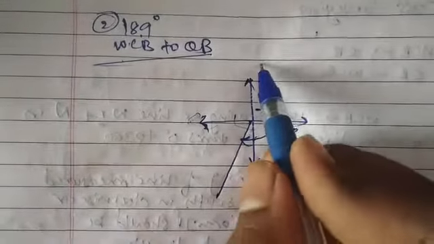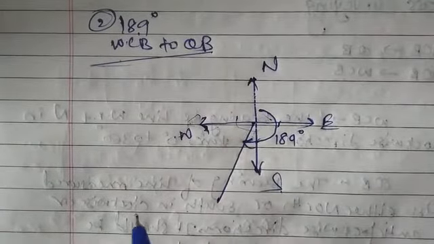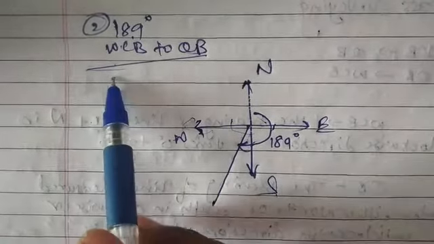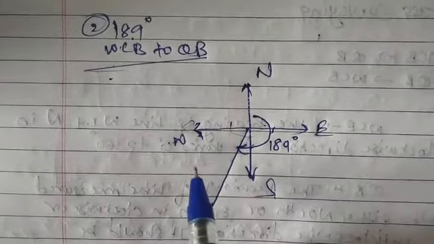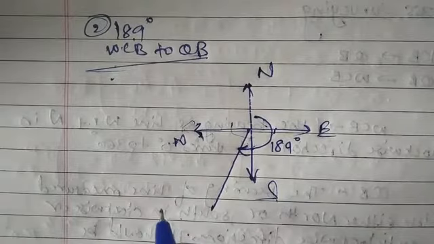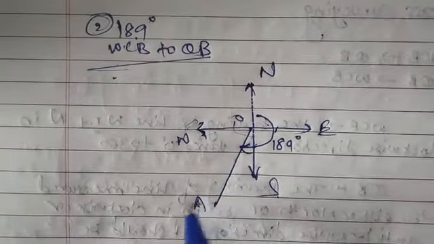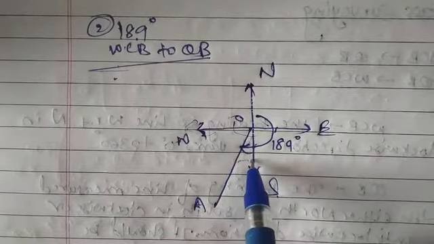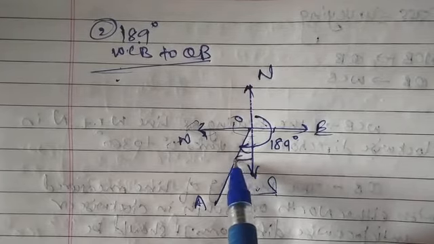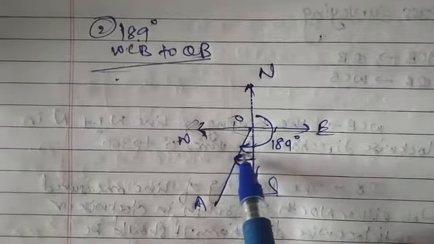Now this is north, this is east, this is west, and this is south. We have to convert this into quadrantal bearing. We know that the reference direction nearer to the line is south. So we have to measure the angular distance from south for this line. This will be the required bearing for us.